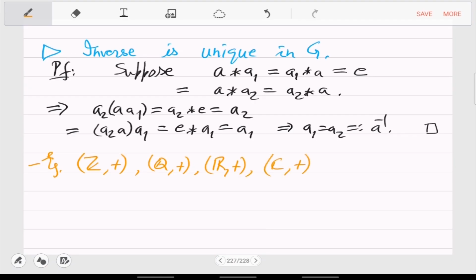Obviously all of them are groups. They are abelian groups. And the identity element here is 0, not 1. That's important.